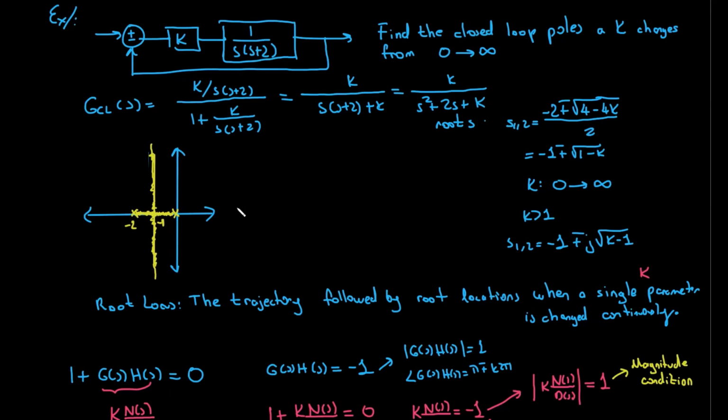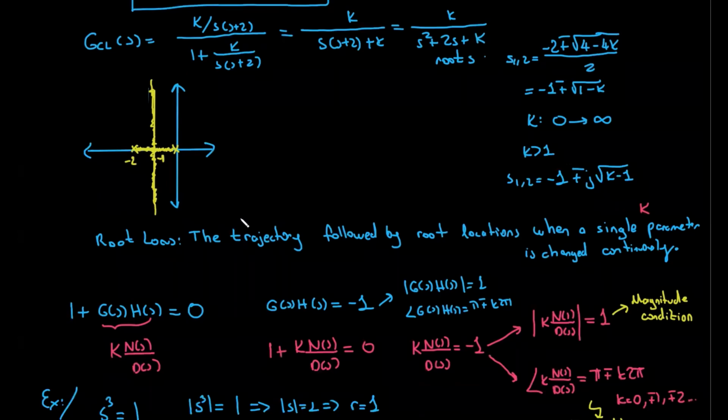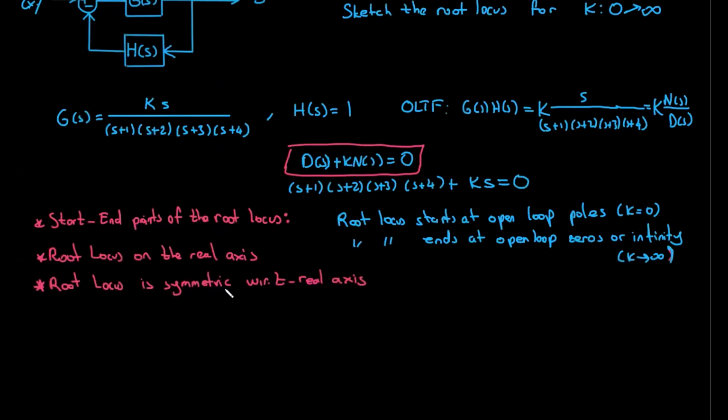The reason is that we are trying to find the roots of d of s plus k times n of s equals 0. Maybe I can write it down like this. So we are trying to find the roots of this equation, and all the coefficients of this equation are real, so we have real coefficient polynomials.